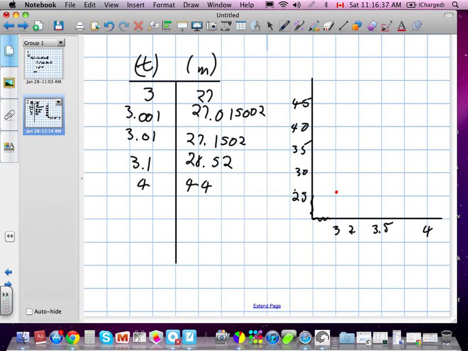If we take a look at this, 3.25, we don't even come close to it. 3.1 is the closest it gets, and that's about here, at 28. So everything's kind of moving along here, and then all of a sudden we get to 4, and we're at 44, right?